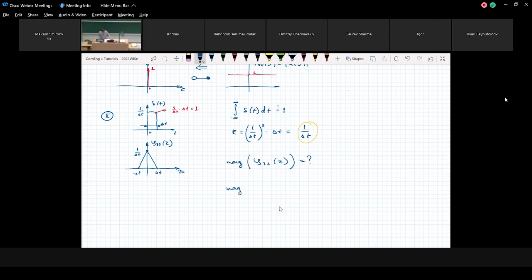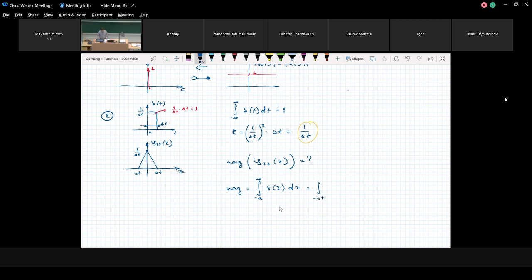The magnitude, in general, is the integral from minus infinity to infinity of our delta pulse. But in our case, it's a delta pulse in the delay domain. It's not the original delta pulse, it's a different delta pulse that corresponds to the autocorrelation function.